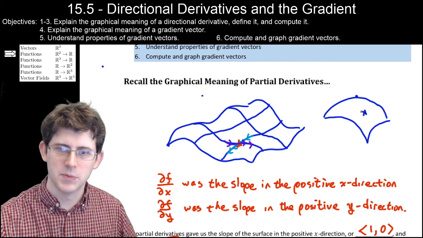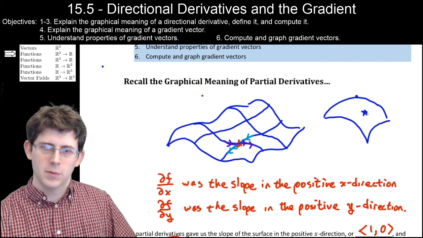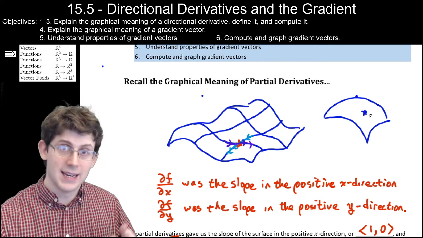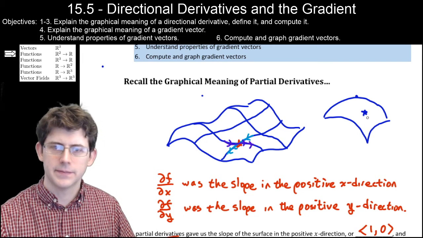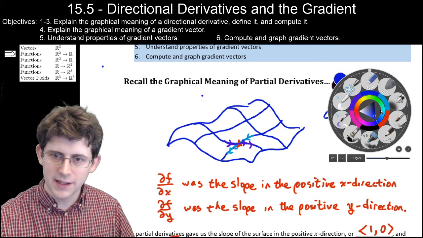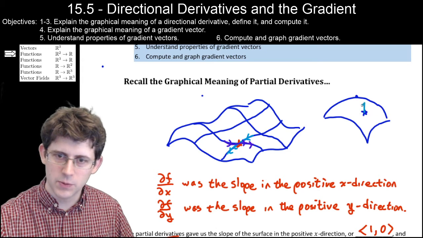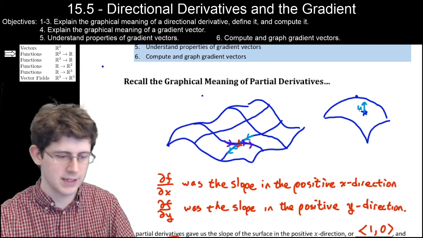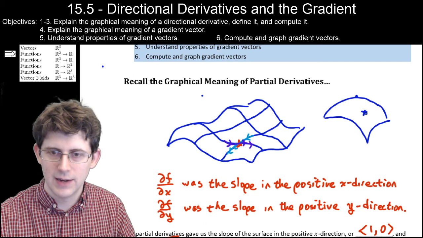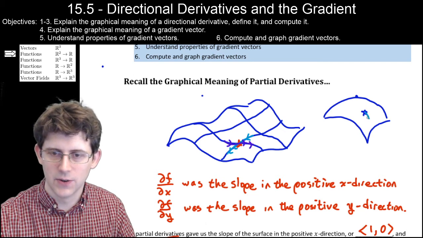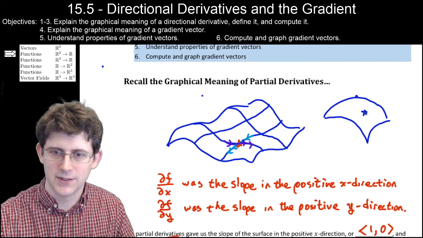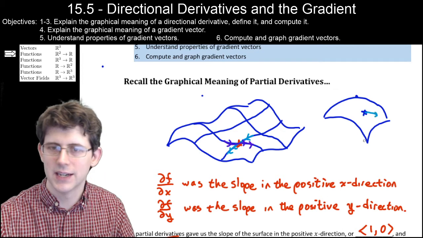So let's say you have this point here. The point is x0, y0, and then f of x0, y0. And you decide that you want to know the slope in this weird direction u. That looks like I'm pointing straight up. I want to go, instead of going north or west or something, in this weird direction.